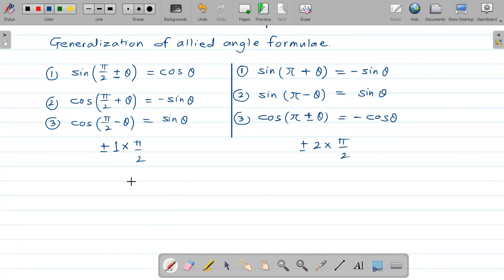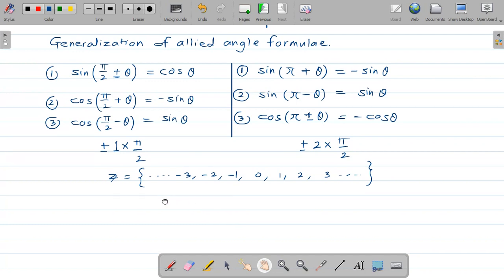Now the integral multiple of pi by 2: if the sum or difference between the angles is an integral multiple of pi by 2, then we have the set of integers as the multiple of pi by 2. The set of integers means minus 3, minus 2, minus 1, then 0, 1, 2, 3, and so on. So there are infinitely many multiples of pi by 2.